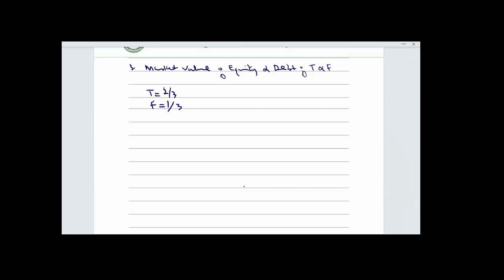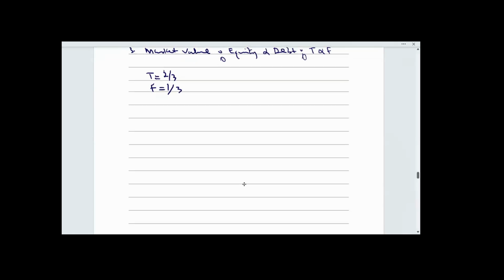1/3. That's the market value. Then step 4. Step 4 says you should calculate the average asset beta of the combined, or the combined asset beta. So here is the combined asset beta, BAC.